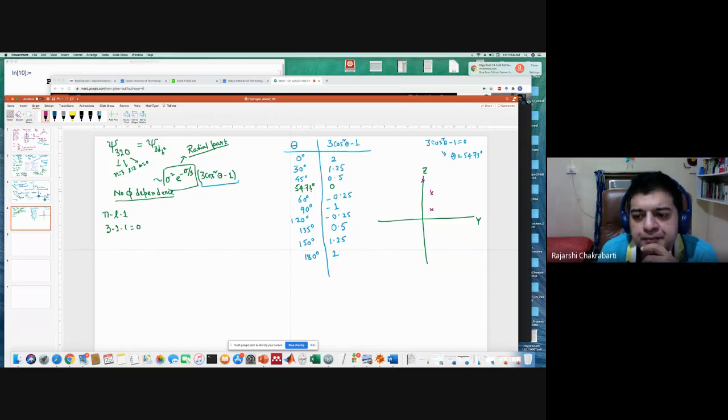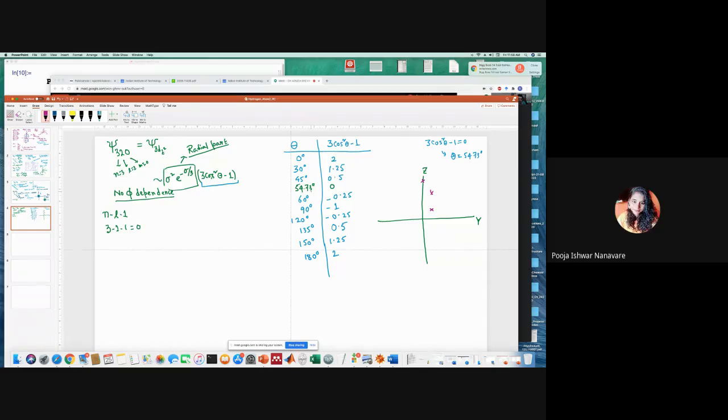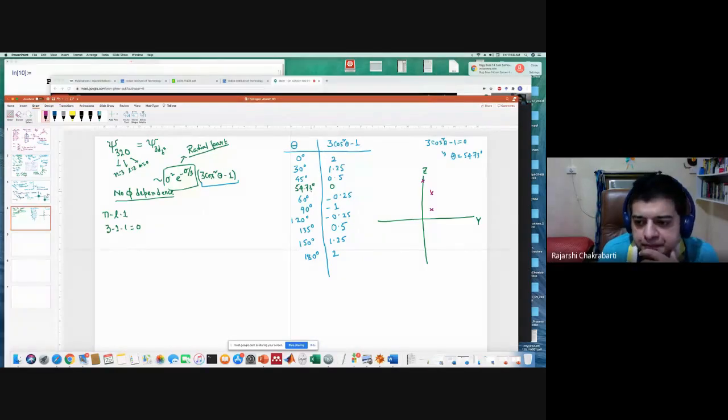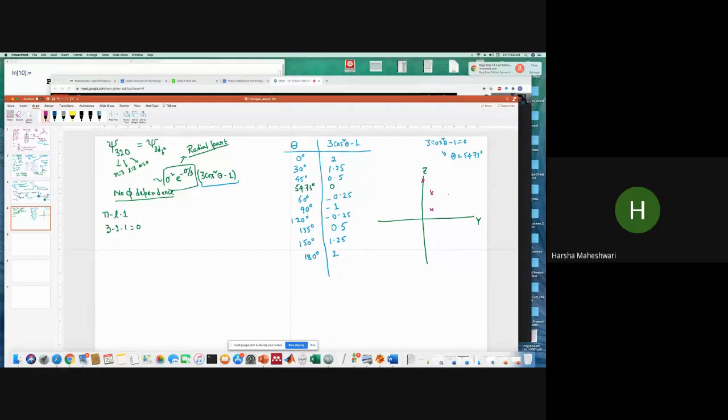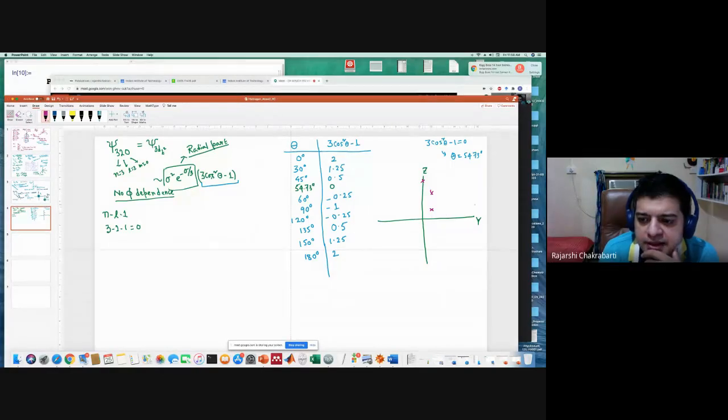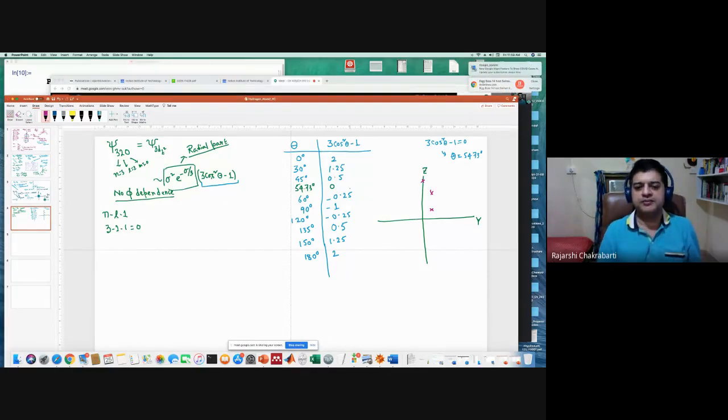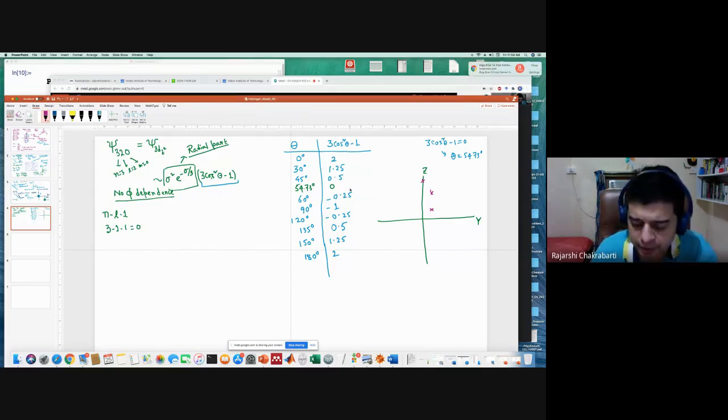What about this 54.73 degree? What is the value? 0. Then how do you put this? Basically, when your angle is something like this, your thing becomes 0, isn't it? At 60 degree it is minus 0.25, but you have to take only the plus sign, the magnitude. So somewhere in between it becomes 0, and then it becomes minus 0.25, but you take only the magnitude, which will be somewhere here.